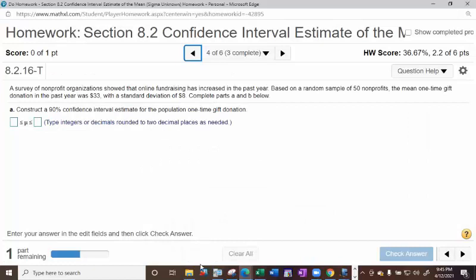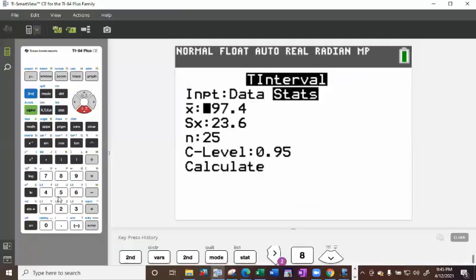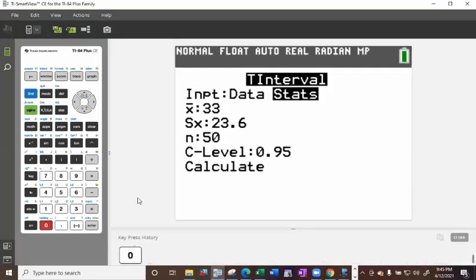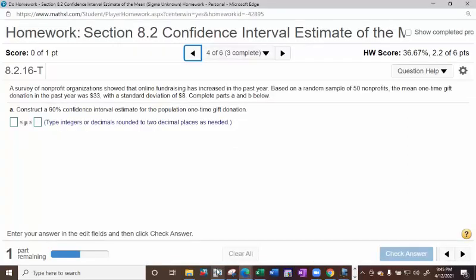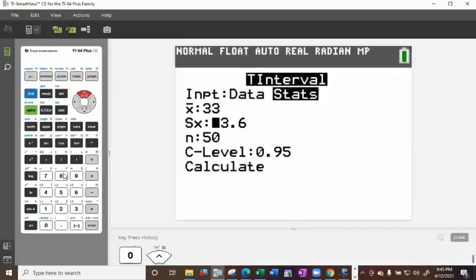Mean was 33, standard deviation 8, n is 50, and it's a 90%, 0.90.